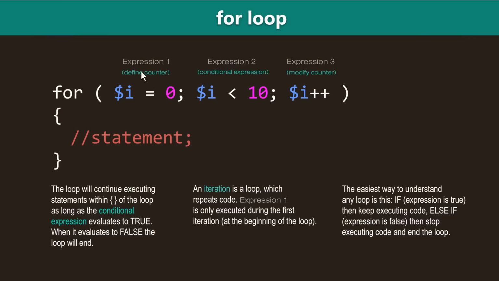Expression 1 is only executed during the first iteration. So when the loop is run the first time, this expression 1 is read, but during the next iteration, this expression 1 is ignored. And the easiest way to understand any loop is if expression 2 is true, then continue looping, and if expression 2 is false, then exit the loop.